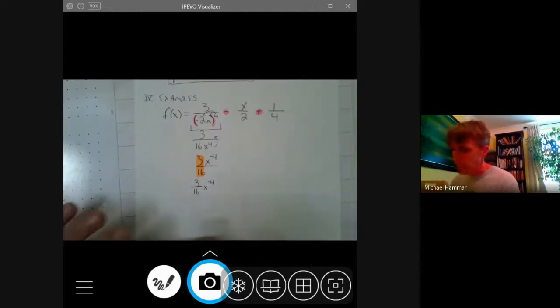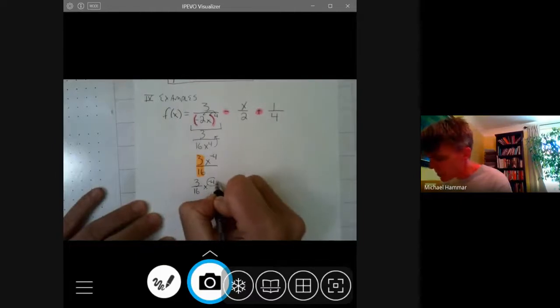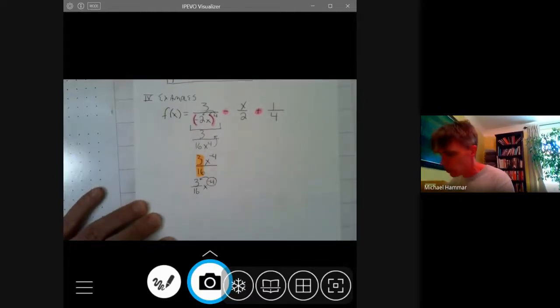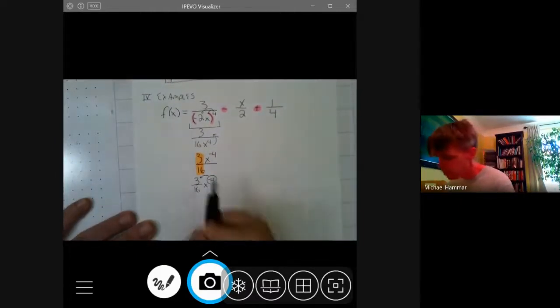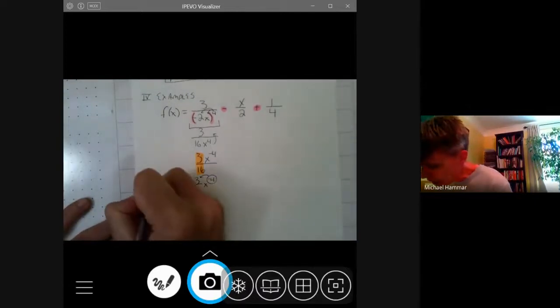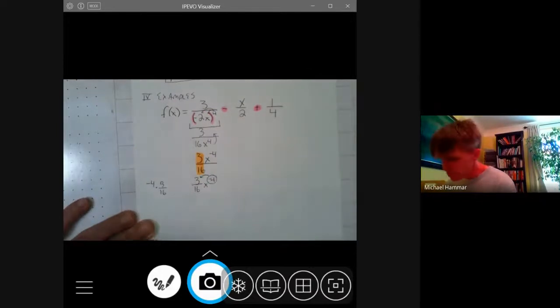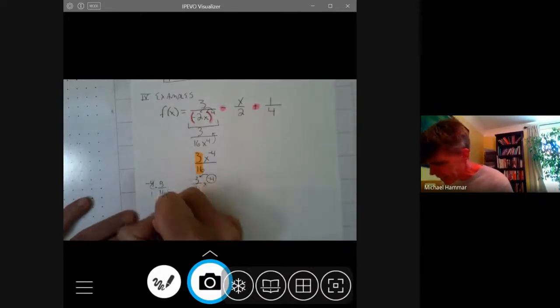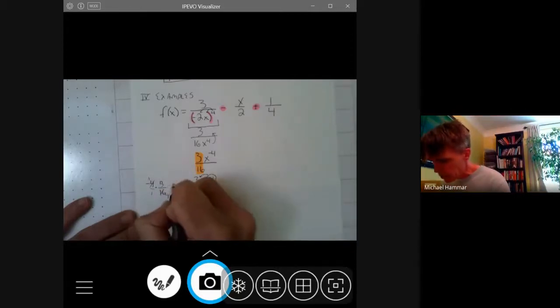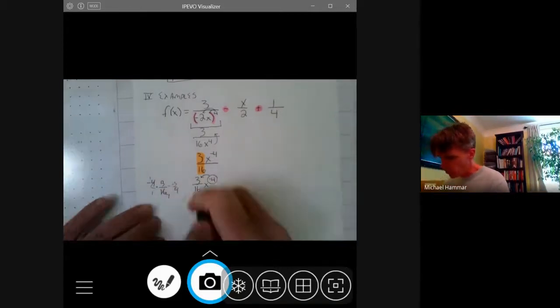Now, let's apply the power rule, or the constant multiple rule. So we have to take this and multiply it times 3 over 16. So over to the side, I'm going to do negative 4 times 3 over 16. Do some kind of cross canceling out here. So this is 1 and this is 4. So we end up with negative 3/4.